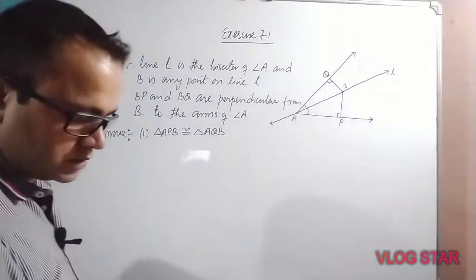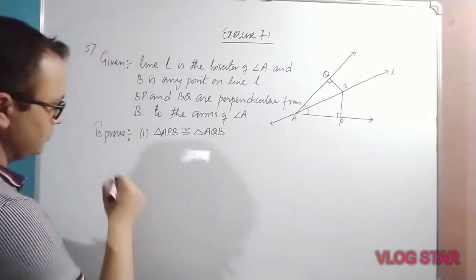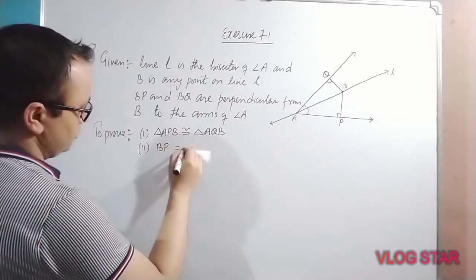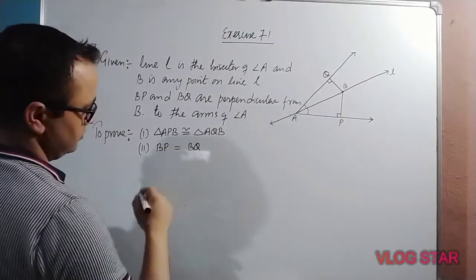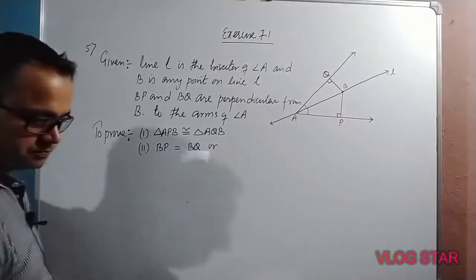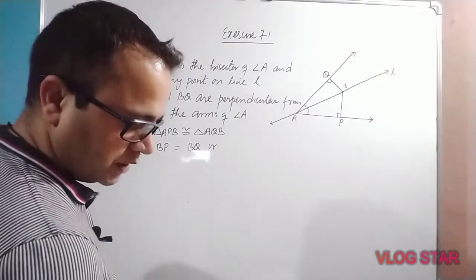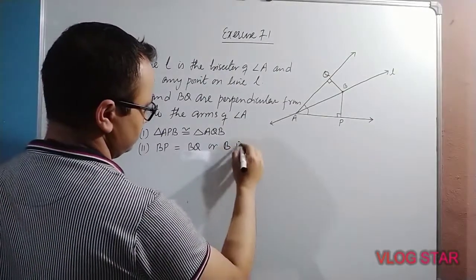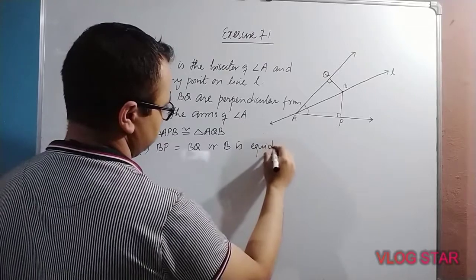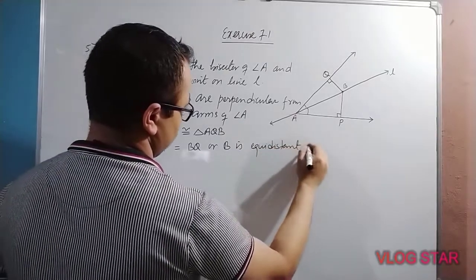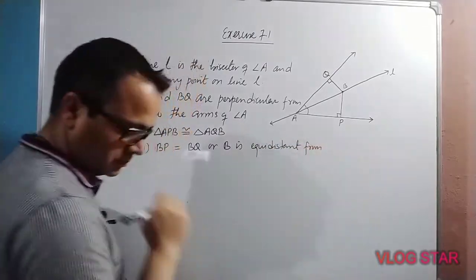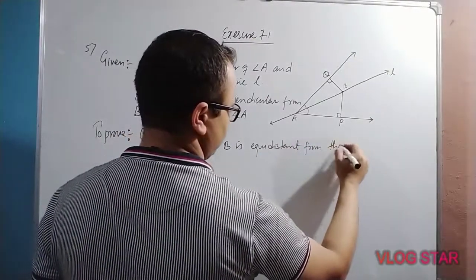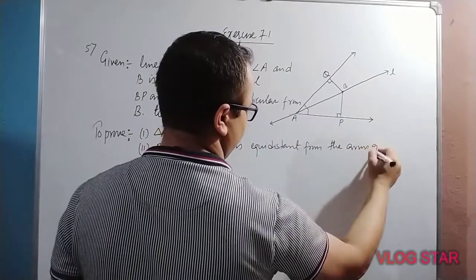And number 2, BP equals BQ, or B is equidistant from the arms of angle A.